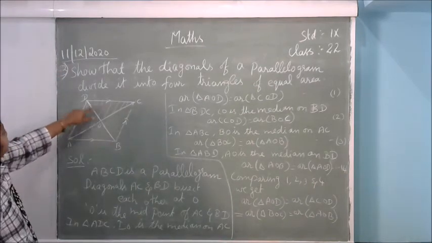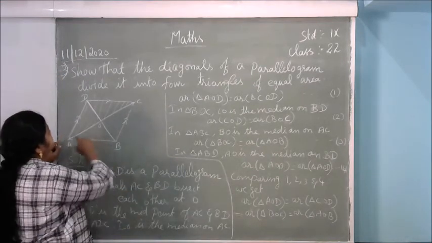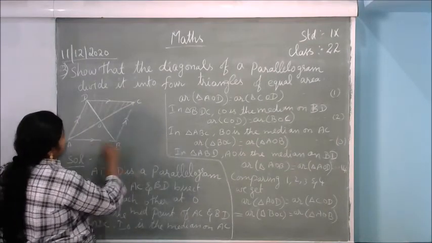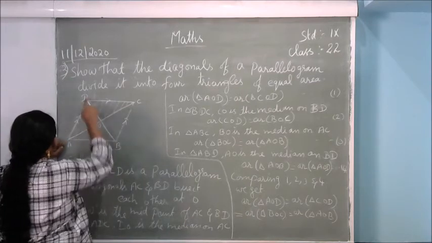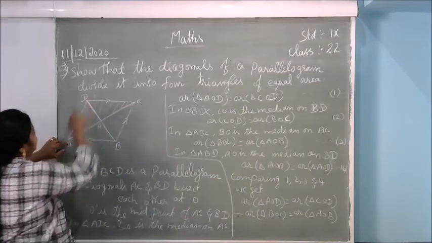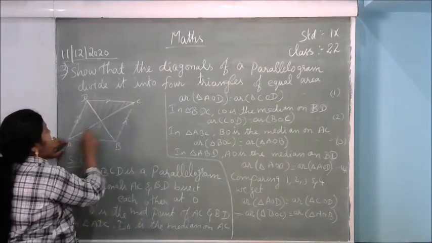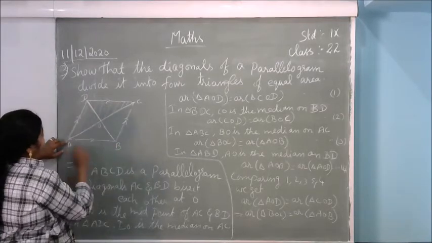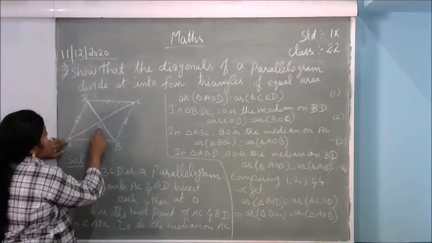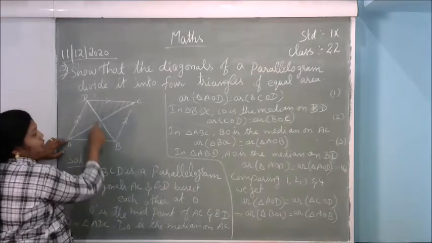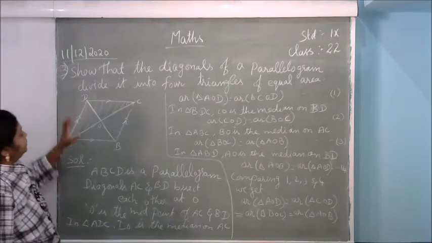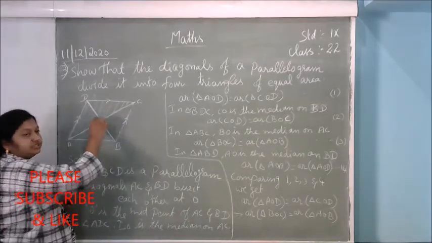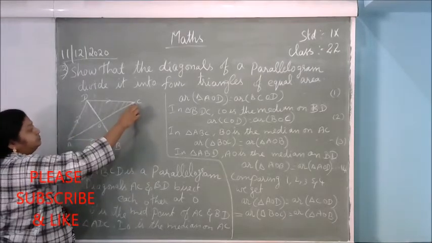Like that, you have to give the proof for all. Now we have to take the BDA triangle. In triangle BDA, AO is the median of BD. Therefore, area of AOB is equal to area of AOD. In the same way, in triangle ABC, BO is the median of AC.